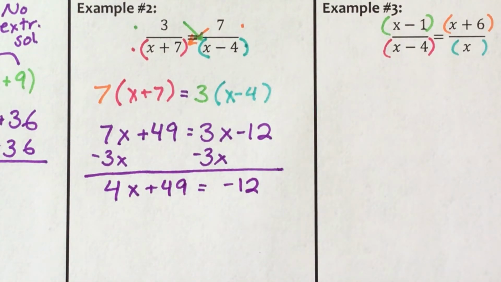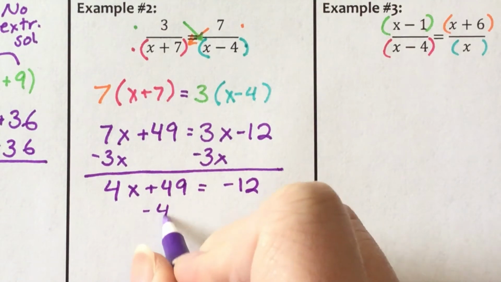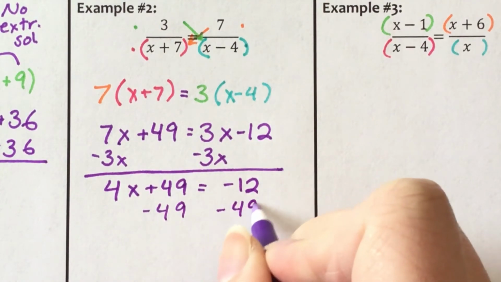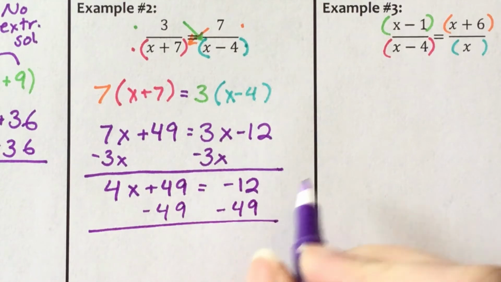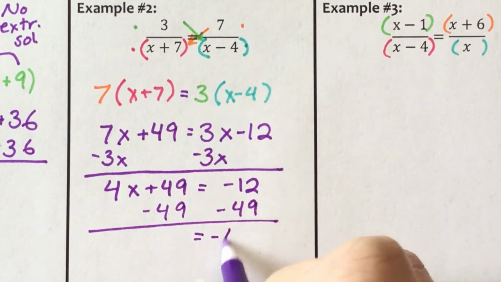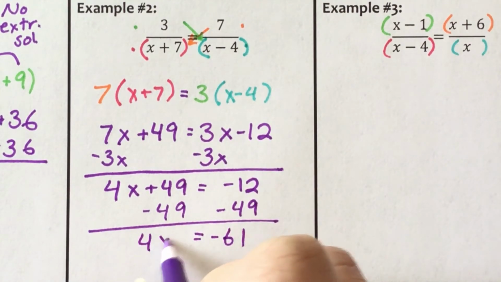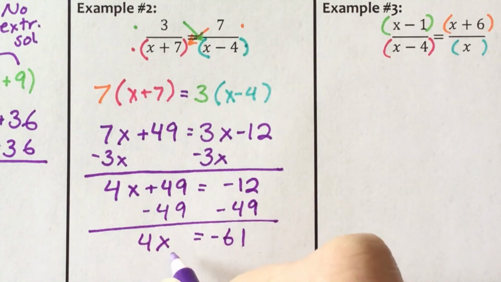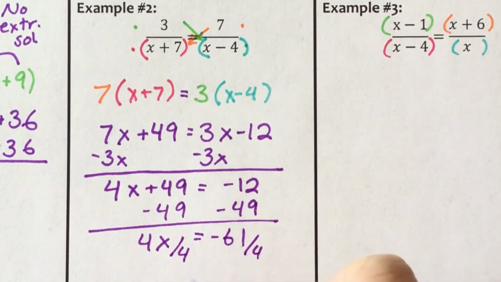So we can subtract 49 from both sides. That's not a pretty answer. Negative 61 equals 4x. And when you divide both sides by 4, you get x equals negative 15.25.